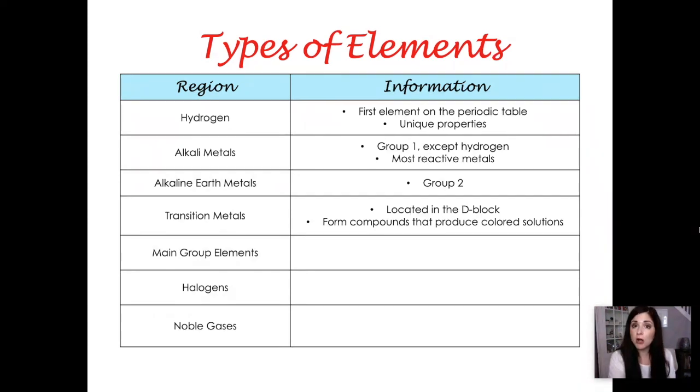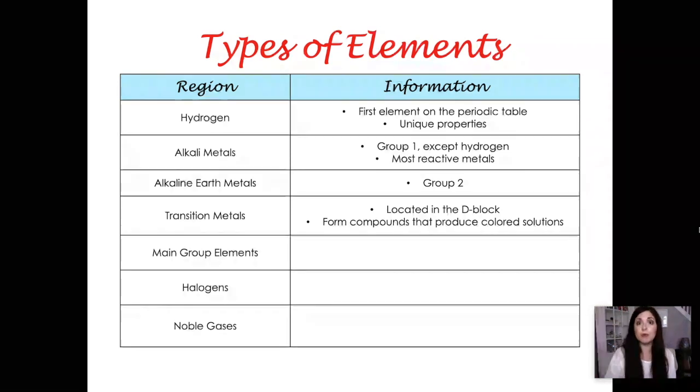You might have cobalt compounds, iron compounds, nickel compounds, which is really cool. Your alkali metal and alkaline earth metal compounds will not form colored solutions when they're dissolved in water. I always thought that was pretty neat. It all has to do with the wavelength of light.